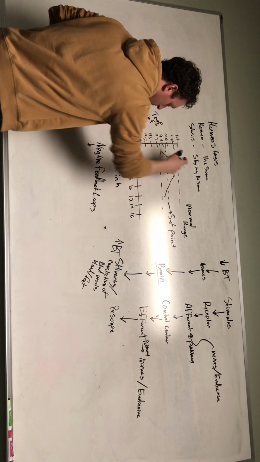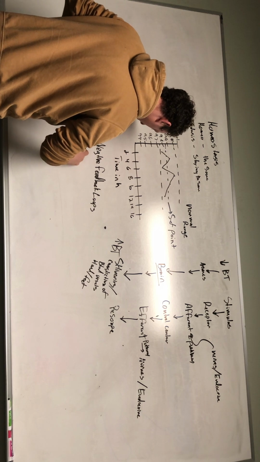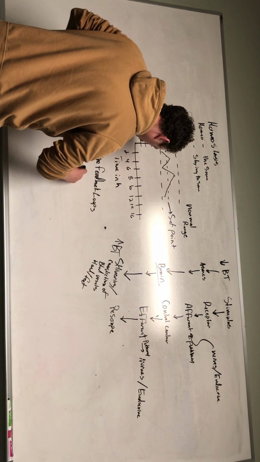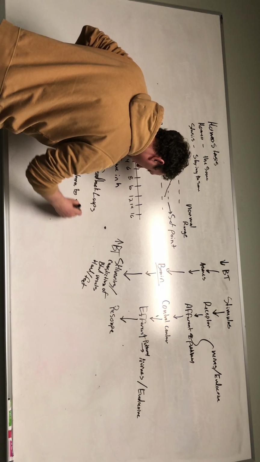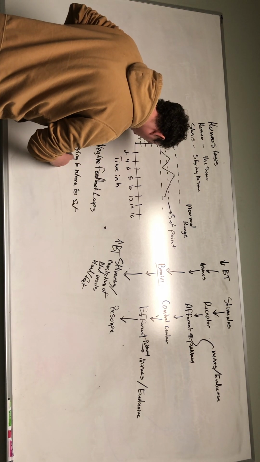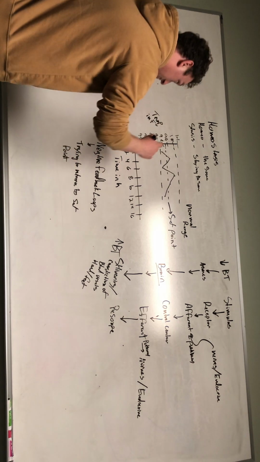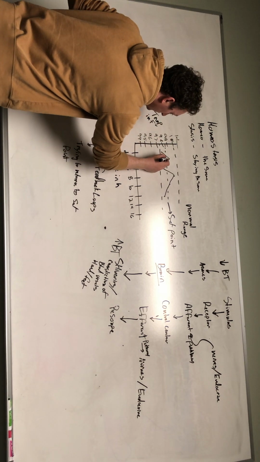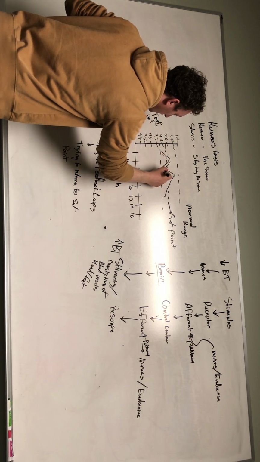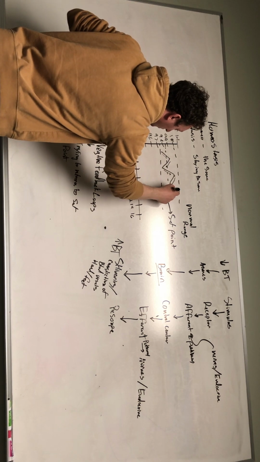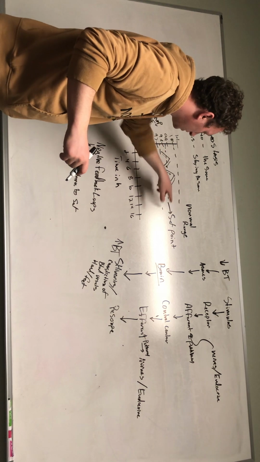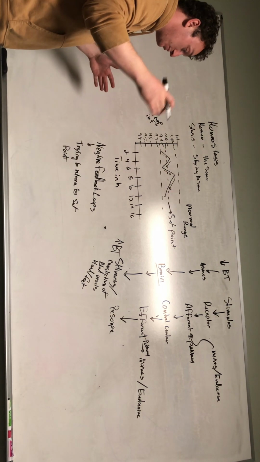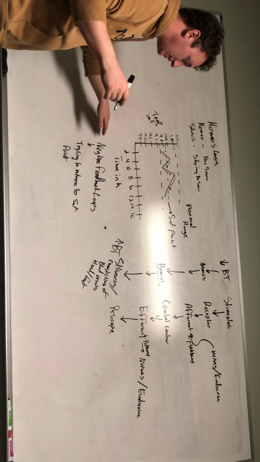They're always going to be trying to return to the set point. And that's what we see here. So they go up and down and up and down, all in an effort to regulate it to that set point.